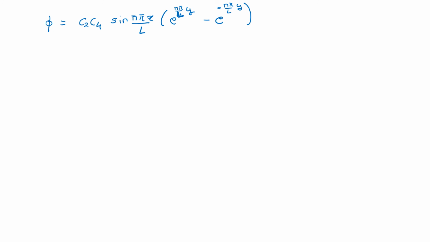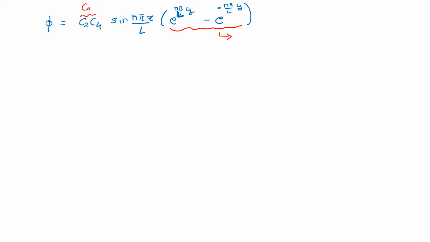Now let's combine these two constants and write them down as a different arbitrary constant Cn, and the exponents here can be represented in terms of the hyperbolic sine.